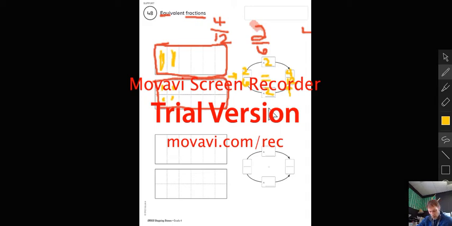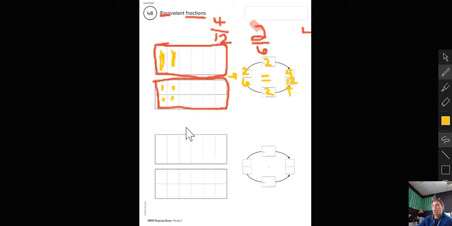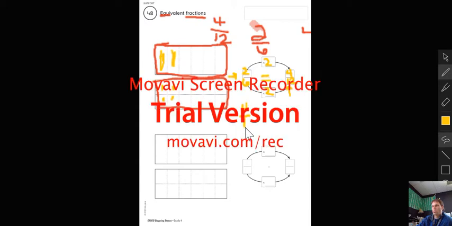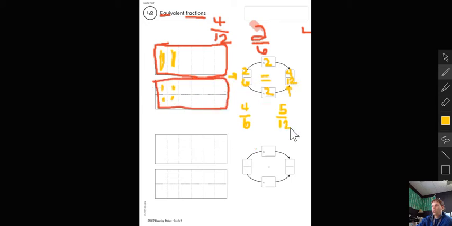So if I looked at a different one here, we're still talking about 12s and 6s. Let's say I said 4/6 compared to 5/12. Well, you might use some reasoning even before we do any more thinking.